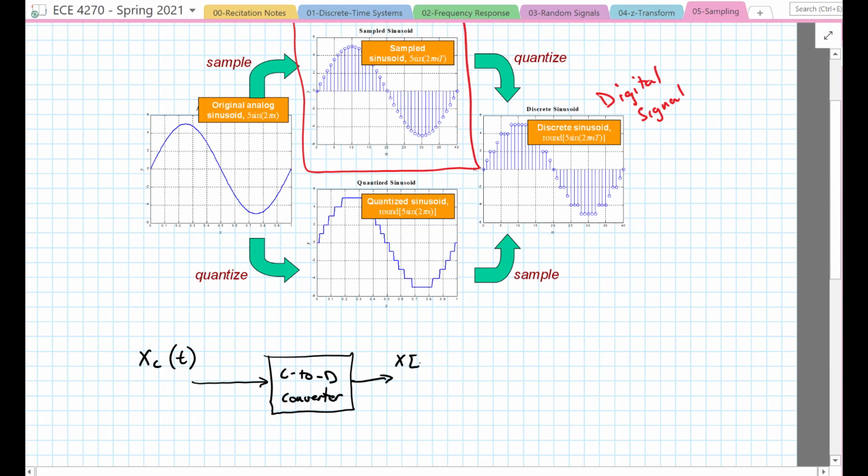And what we get out is x[n] is equal to x_c evaluated at the points where t is equal to n, which is an integer, times the sampling period.